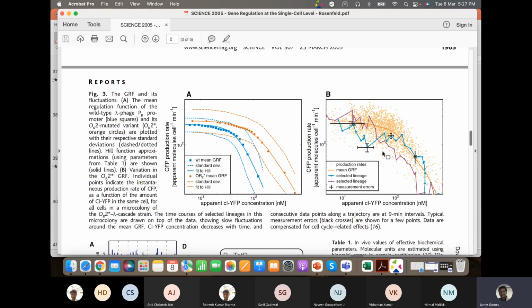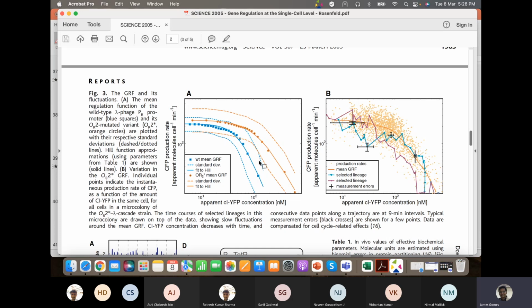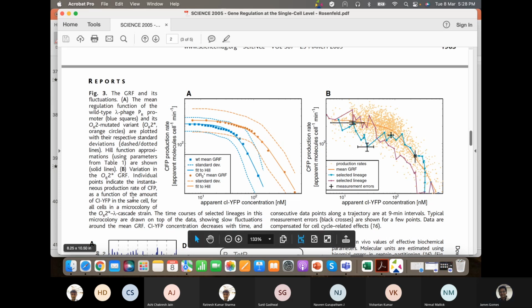Essentially each lineage that they looked at is examined carefully, and what you see here are the data points for each of those variations for various kinds of situations. The individual point that you see here is the instantaneous production of the cyan fluorescent protein and the CI linked yellow fluorescent protein.